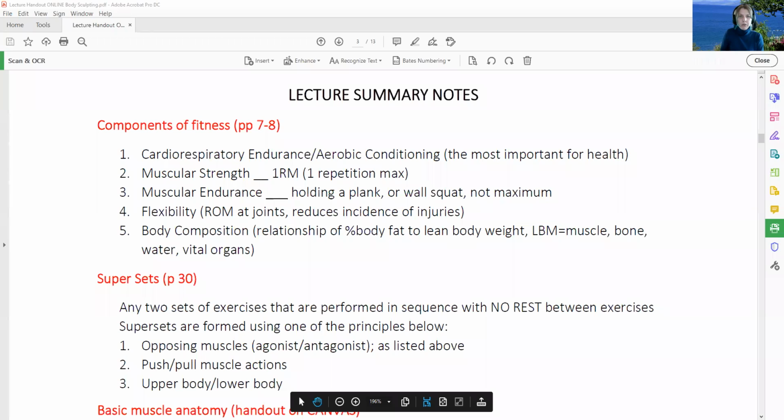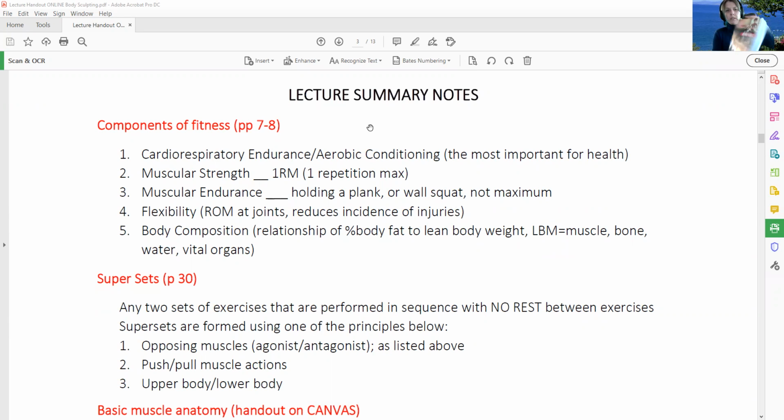So I'm going to go ahead and share my screen with you, which is the handout that I put together for you. And these page numbers that you see on your handout will come from the 12th edition of our textbook, which is the Anybody's Guide to Total Fitness by Lenny Kravitz.